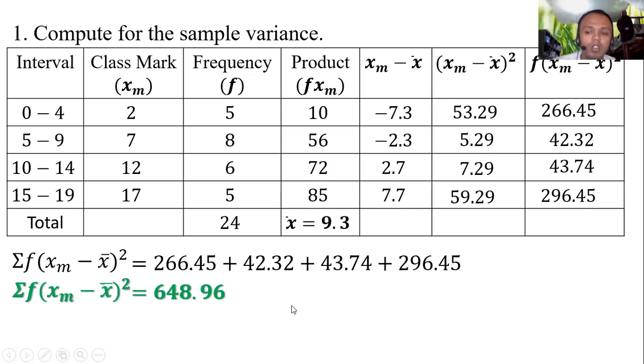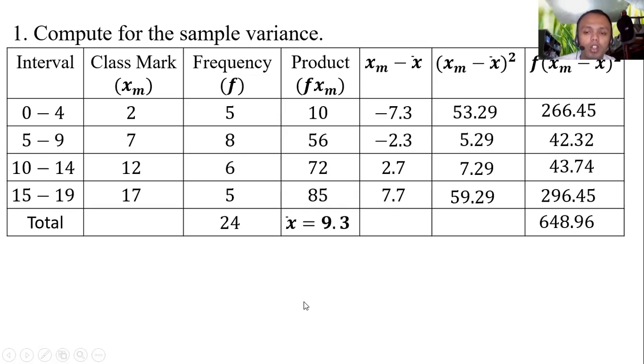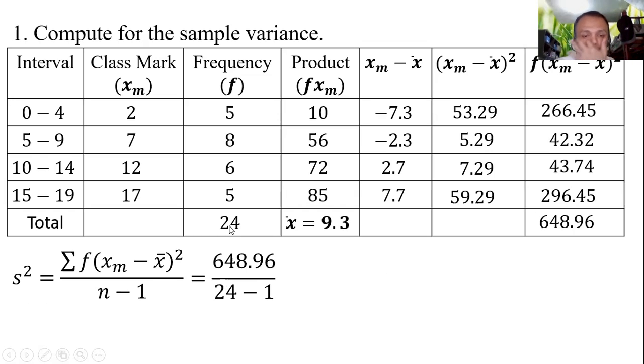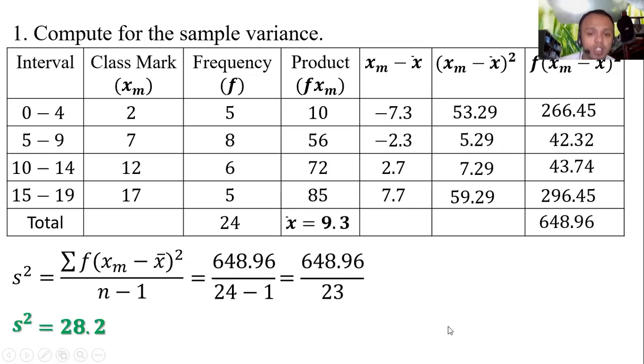And then, divide natin yung 648.96 to n minus 1. Your n here is equal to 24, kasi yan yung total number of frequency, minus 1 is equal to 23. Then 648.96 divided by 23, that would be equal to 28.2 for your variance.